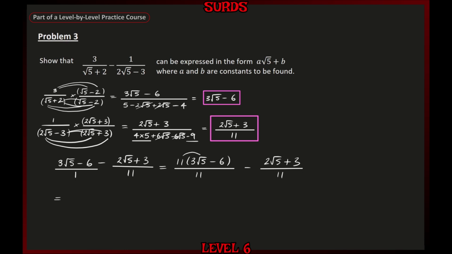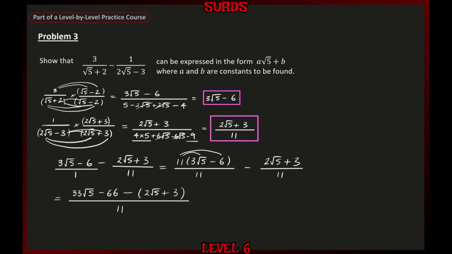So we have 11 times 3 root 5, which is 33 root 5. 11 times minus 6 is minus 66. We then have minus, and we have to make sure that the expression from the numerator of the second fraction goes in brackets because we are subtracting the whole of that expression. So we have the 2 root 5 plus 3 in brackets. At the bottom, we have our denominator, which is 11.